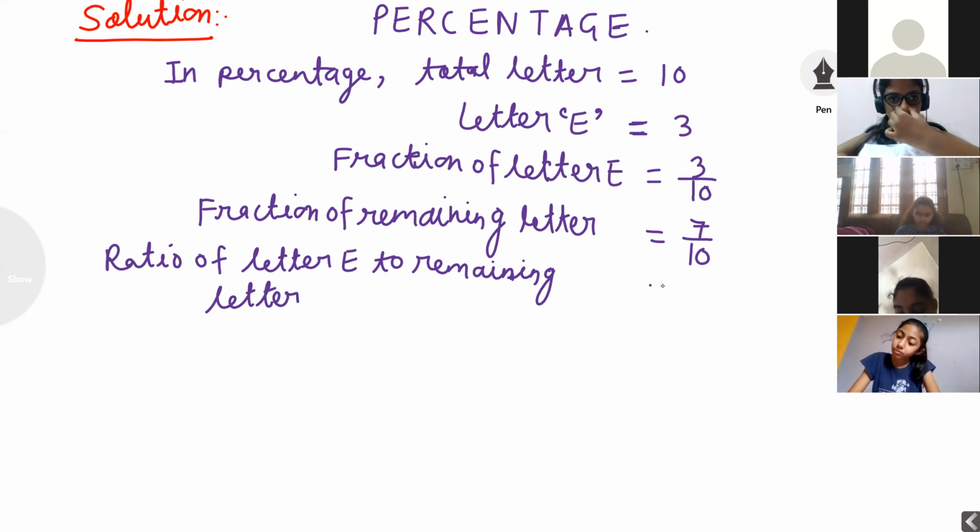What is the ratio here? Letter E is 3. Remaining letters, how many are there? 7. 3 is to 7. Clearly I have mentioned here the ratio of letter E: letter E is 3, remaining are 7. Ratio is 3 is to 7. Now 3 is to 7, I want to convert into fraction. After that I want to convert into percentage.